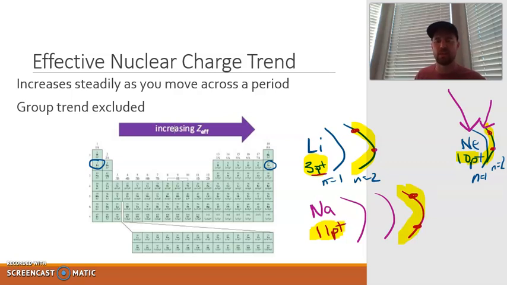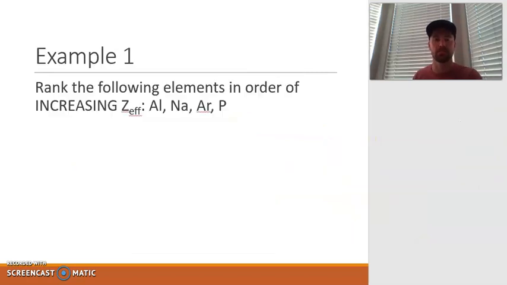So does that mean sodium has a higher effective nuclear charge or a lower effective nuclear charge? It's kind of hard to tell, isn't it? And that is why the group trend, as we go down, is excluded. It's hard to tell. And so we're only going to focus on the period trend when it comes to effective nuclear charge. So let's take a look at example 1 and make sure we understand the trend.